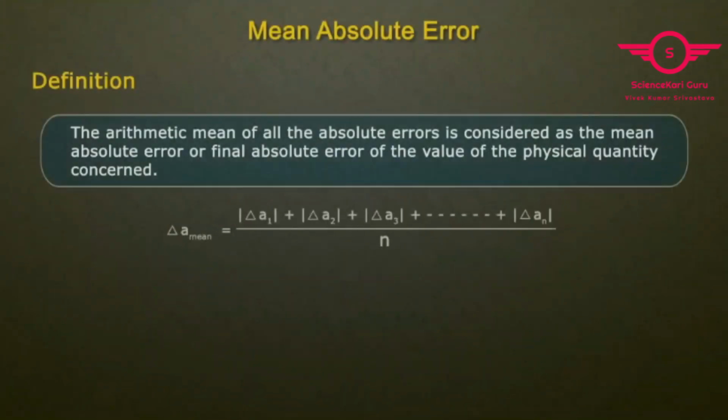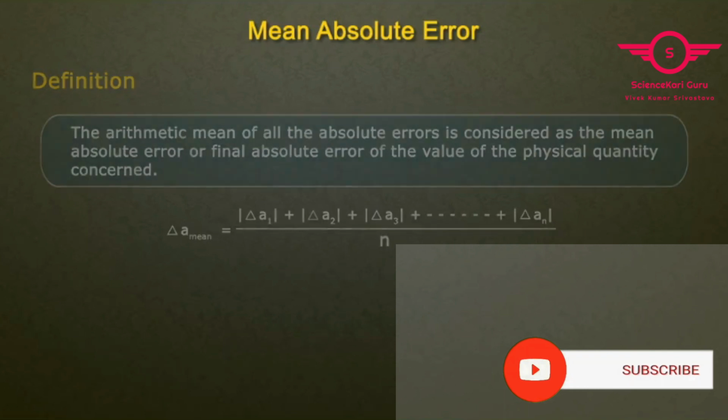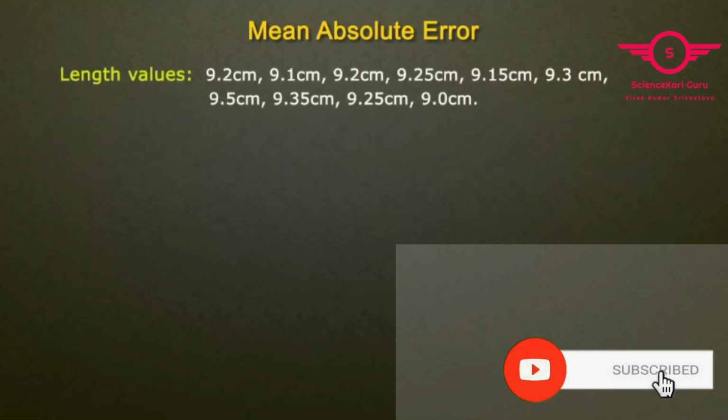Mean absolute error. Definition. The arithmetic mean of all the absolute errors is considered as the mean absolute error or final absolute error of the value of the physical quantity concerned. Take some observations.